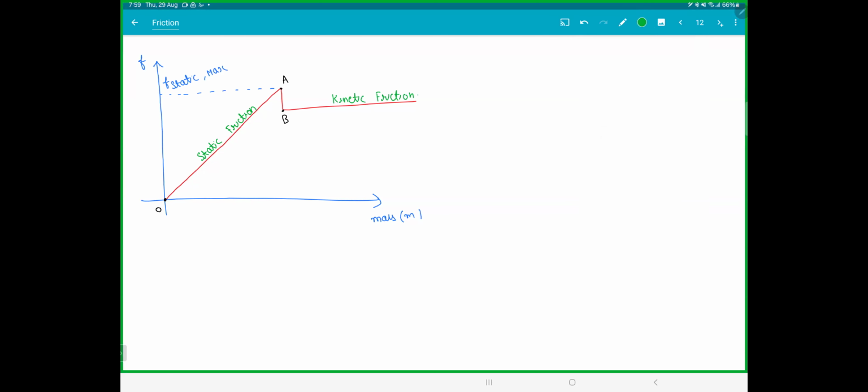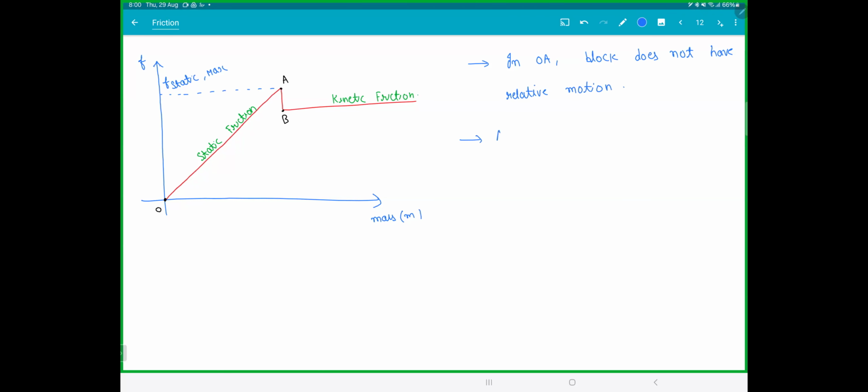So what is happening exactly here? In the OA region, as the mass is increasing till the critical value, we observe the block does not have any relative motion. It's not moving with respect to the ground. Whenever the friction acts when there is no slipping, such a friction is called static friction.